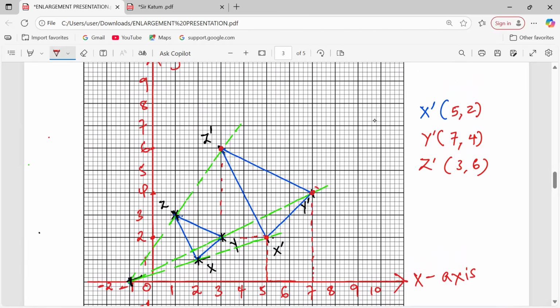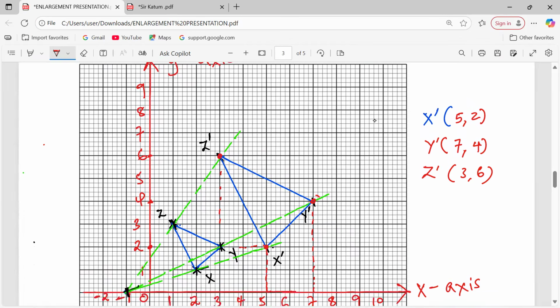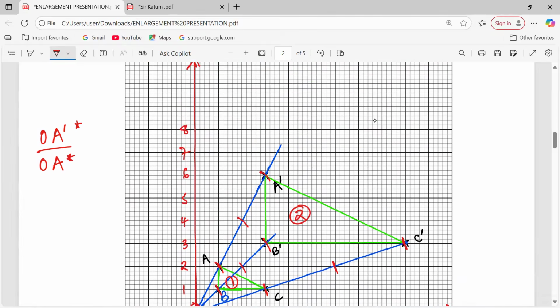But basically, our teaching point is that students and learners are supposed to understand how to enlarge when the scale factor is positive. That is already done, and we are now adjusting to the negative scale factor.